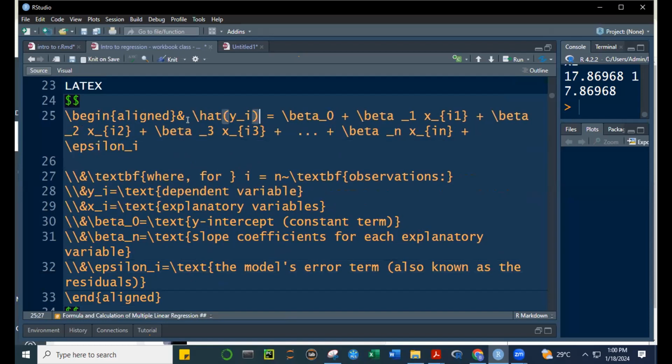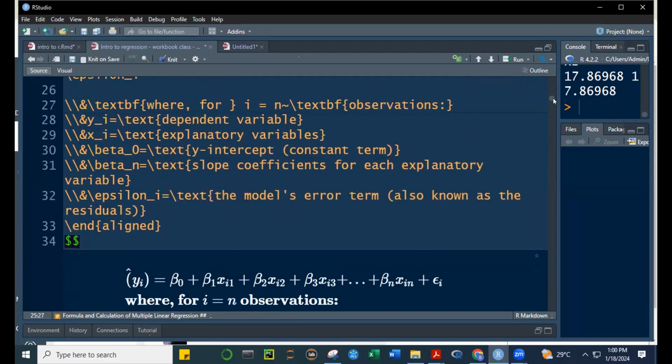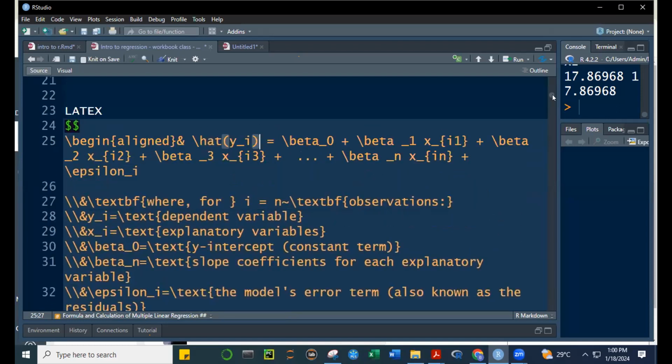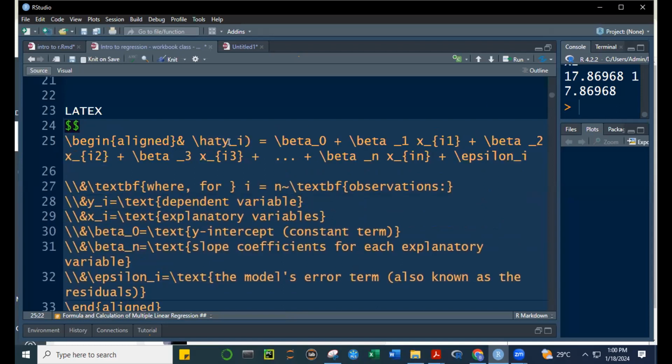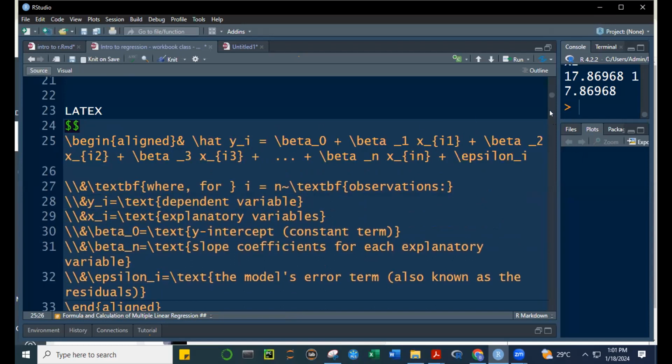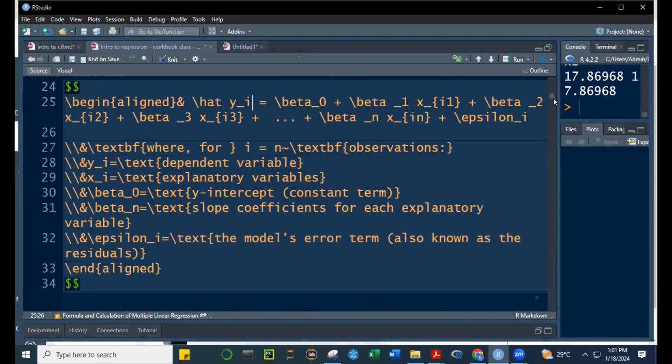Let me check if this is correct. My syntax is wrong. I don't usually memorize LaTeX, no?